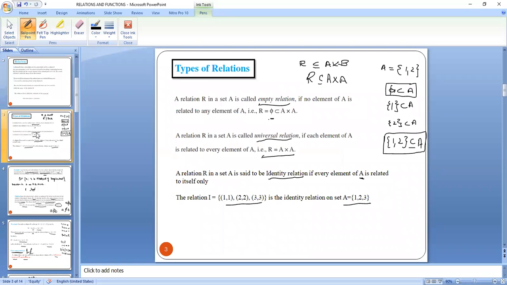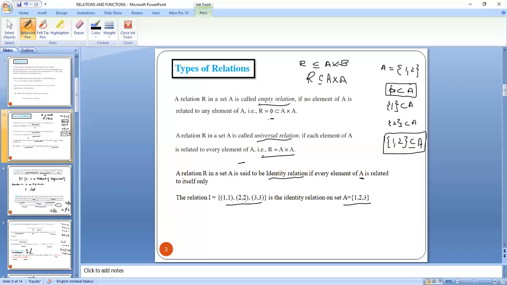So we did types of relation: empty relation, universal relation. Empty relation: if the relation is empty, there will be no element in the relation. Universal relation: if all the elements are present in the relation itself, then it is the universal relation.